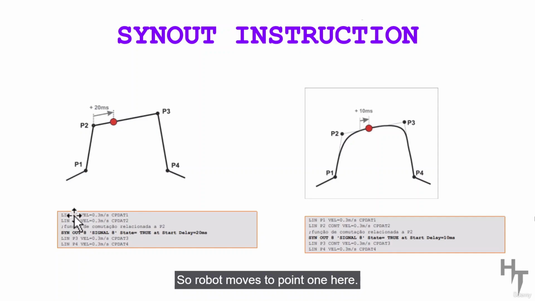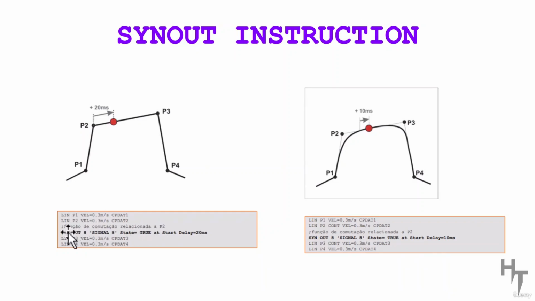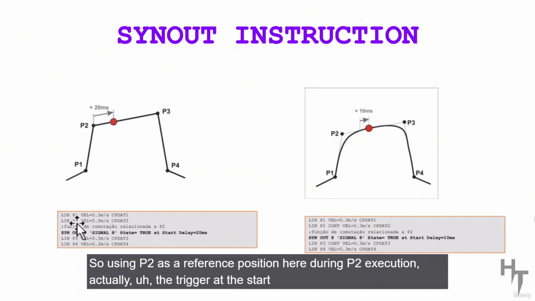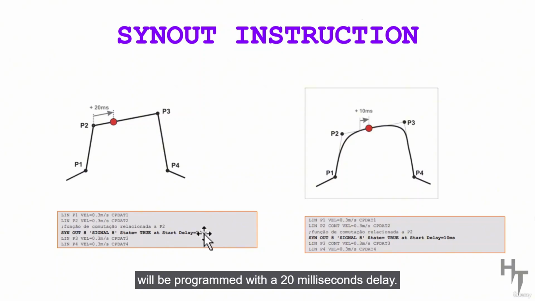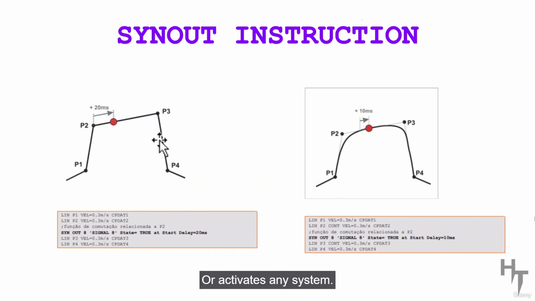So the robot moves to point 1 here, following the instruction. Okay, the robot moves to point 1, moves to point 2, and as I mentioned earlier, this command must link to a motion. So using P2 as a reference position here, during execution the trigger at the start will be programmed with a 20 millisecond delay. So after this delay period, signal 1 initiates milling cutter operation, or activates any system.